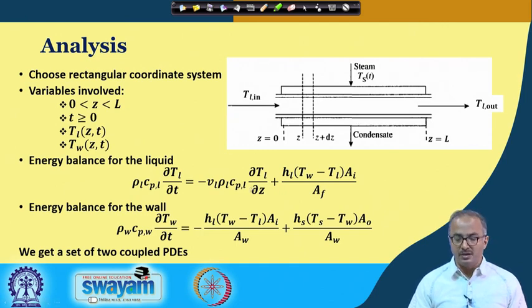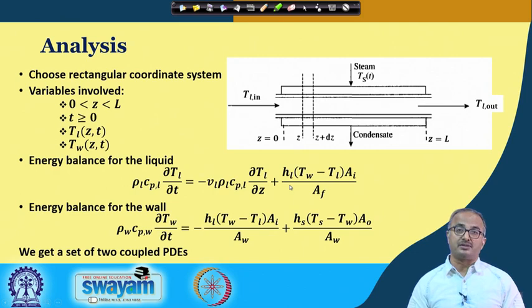And then for the liquid we have the convective term. In the convective term we are talking about only one dimensional flow, so we have only one component of the velocity. We are neglecting the conductive heat transfer, so we do not have any conductive contribution here, and what we have now is a source term.